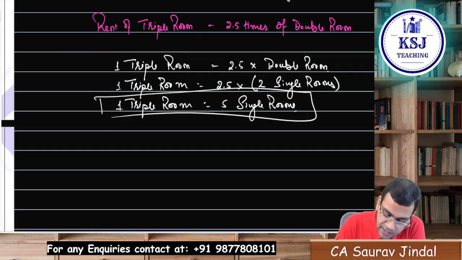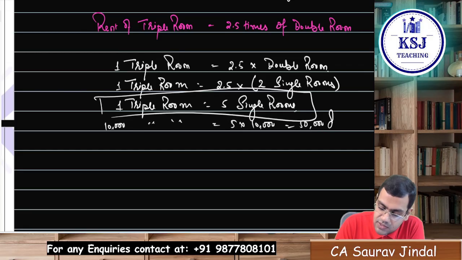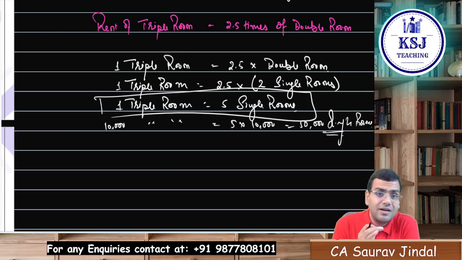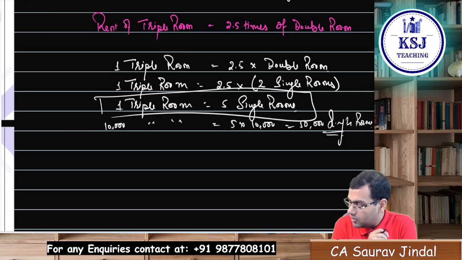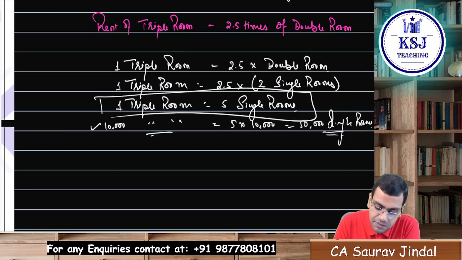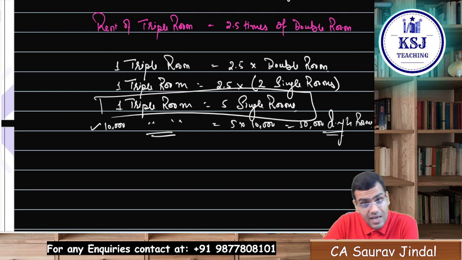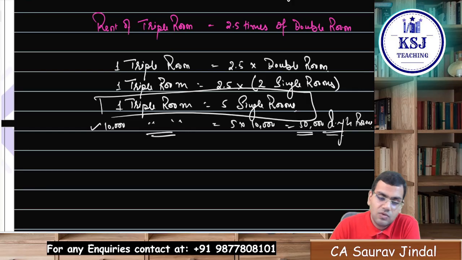Now if there are 10,000 triple rooms, how many single rooms will be required? That is 50,000 single rooms. It means that the earnings I will make from 10,000 triple rooms, if I want to make the same earnings from single rooms, I will require 50,000 single rooms.